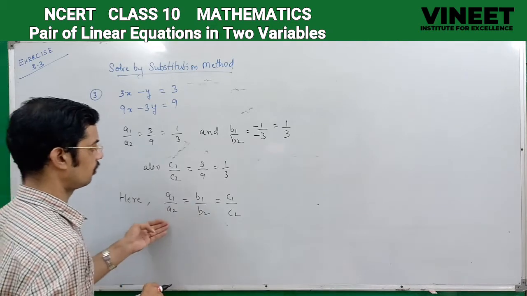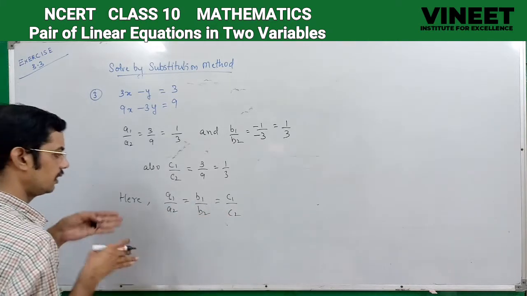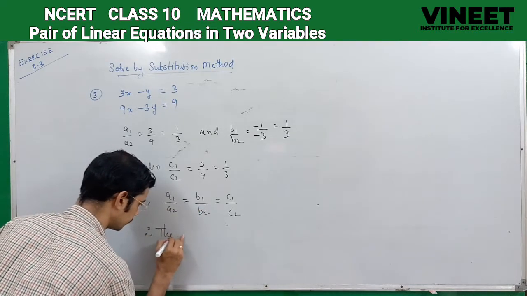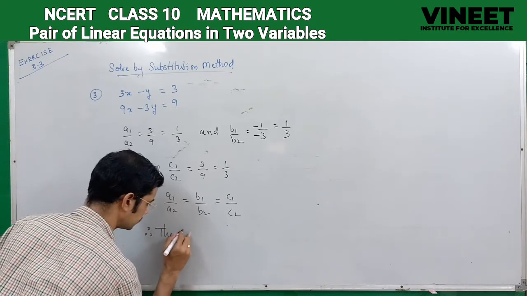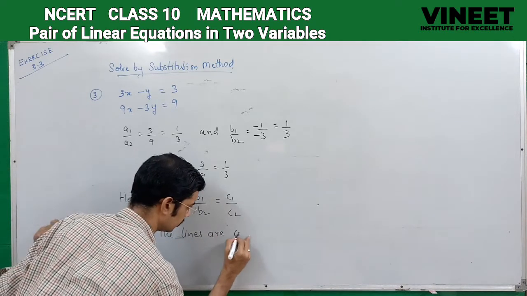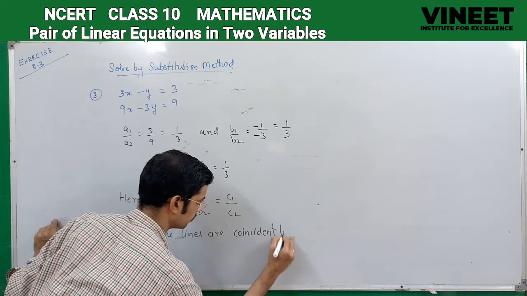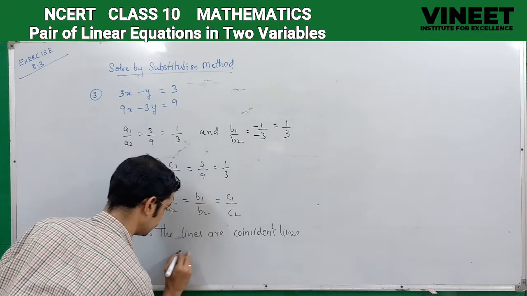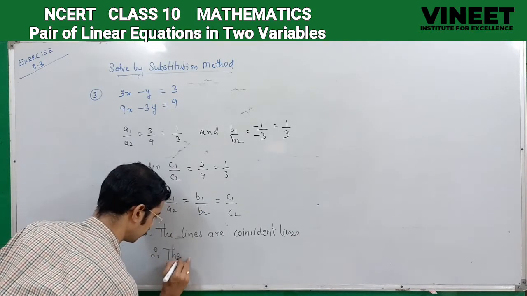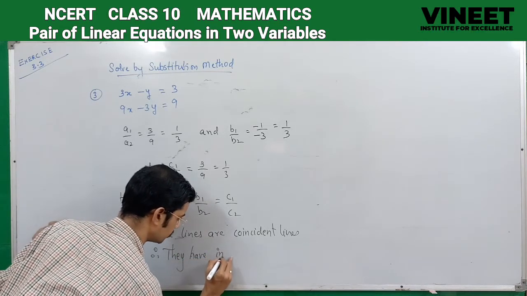So this happens if all the three ratios are equal. We say that the lines are coincident. Therefore the lines are coincident lines. Hence, they have infinite solutions.